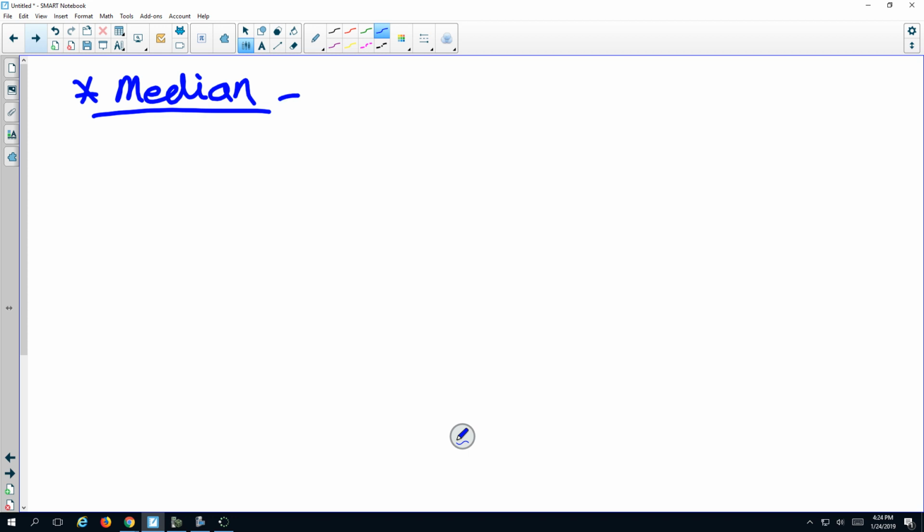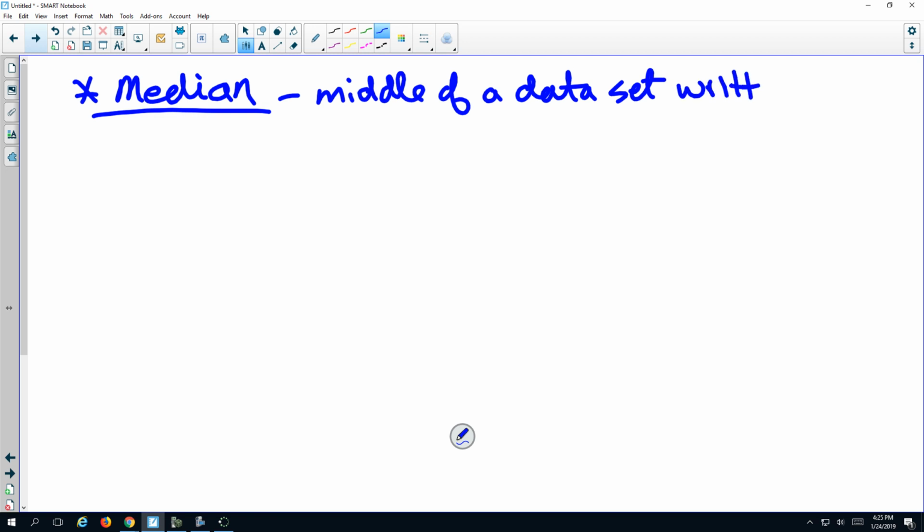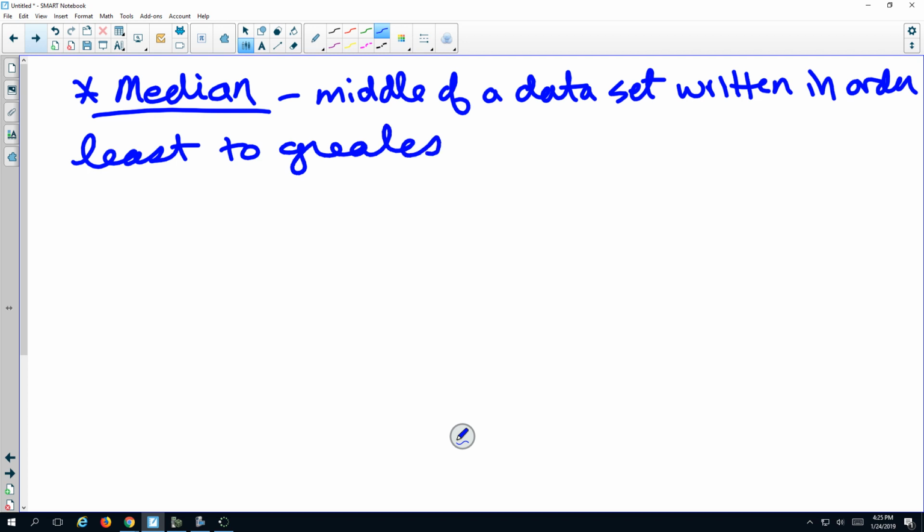So the median is the middle of a data set written in order, least to greatest, what we're going to call ascending order.